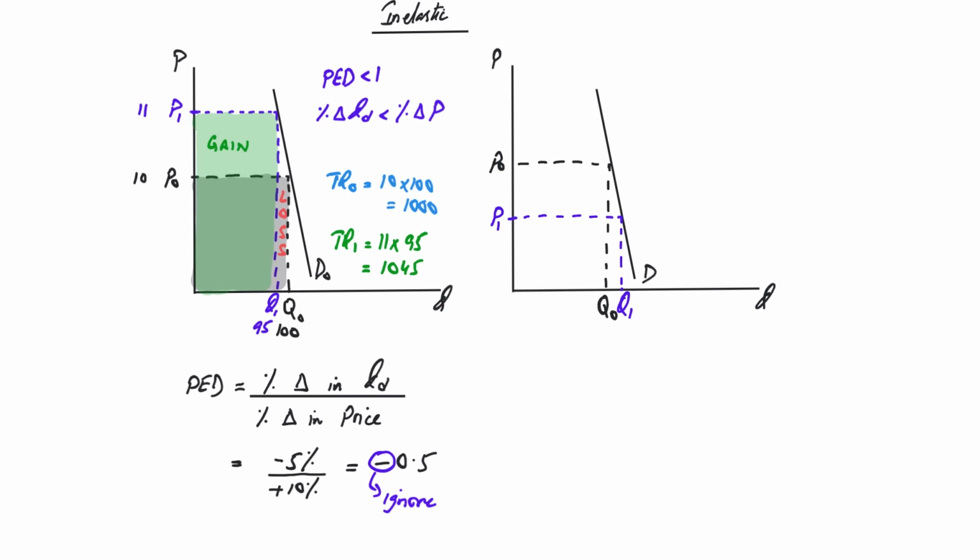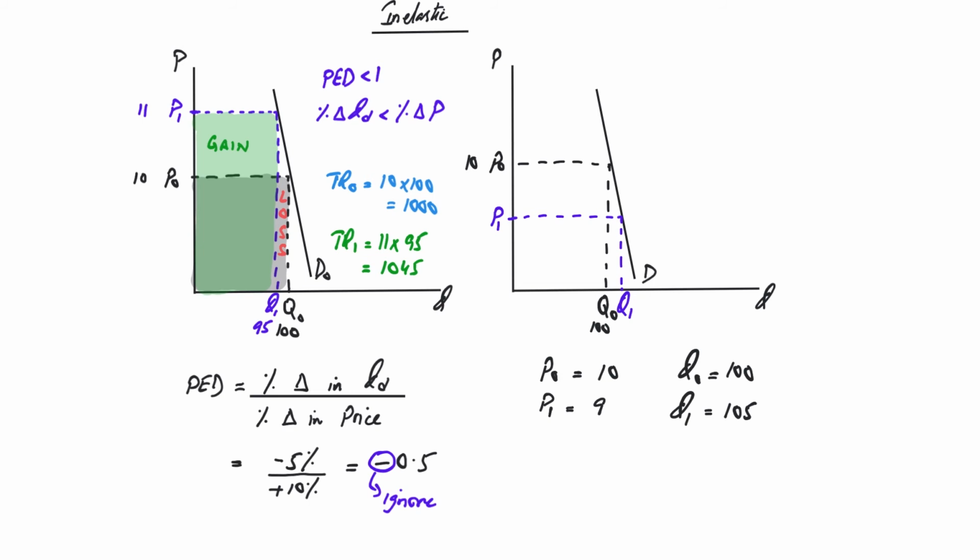Let's say PO was 10 and QO was 100 from my previous example. I'm just taking values from there. Now what happens is that the price falls down to, let's say, 9 rupees, and as a result the quantity increases to 105.